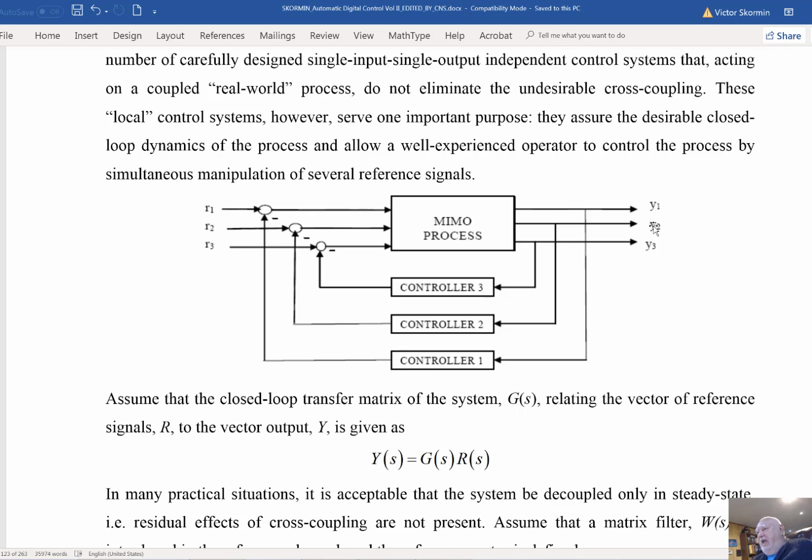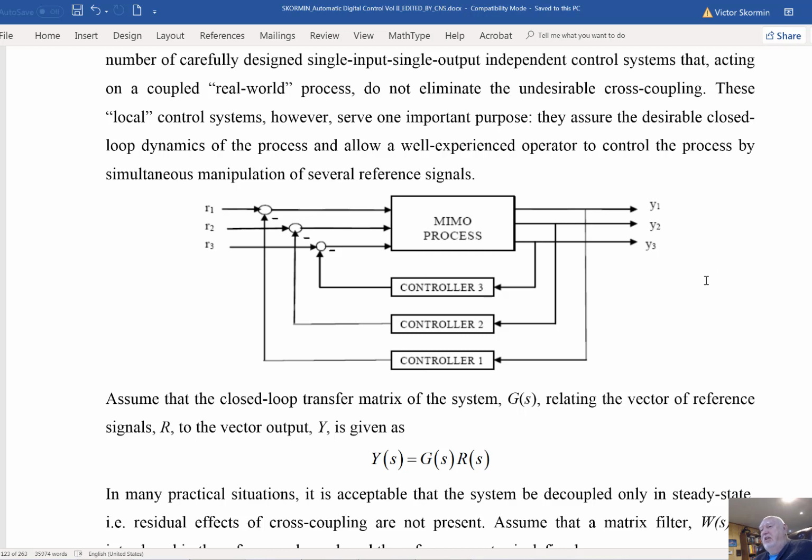Y2 will not change and Y3 will not change as a result of all these 3 input signals applied. With a system like this, you do not have clearly defined individual access to particular outputs. You have to manipulate all 3, in my case, reference inputs to achieve the desired effect.